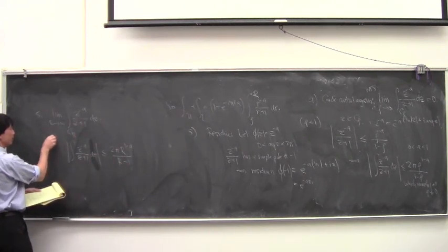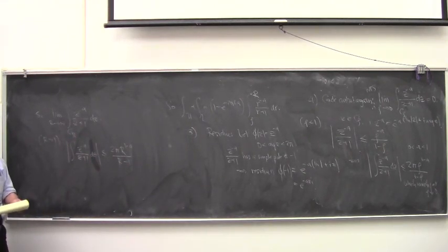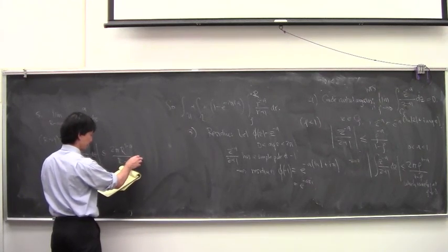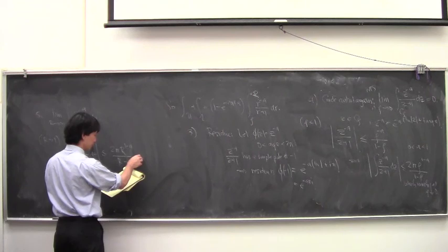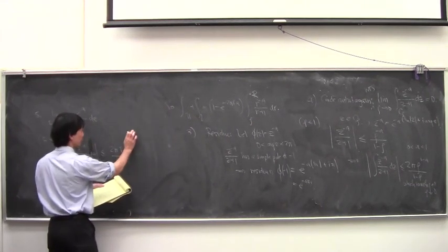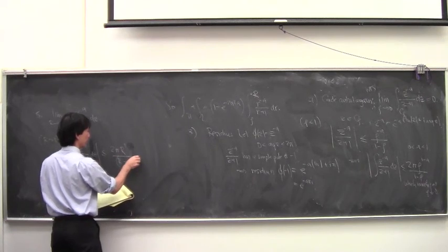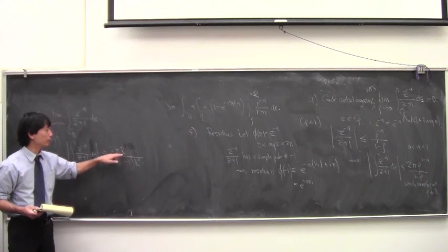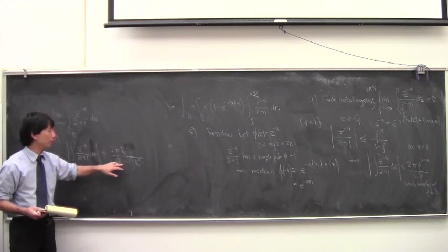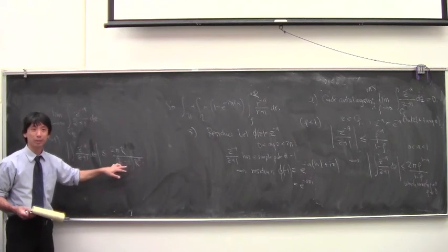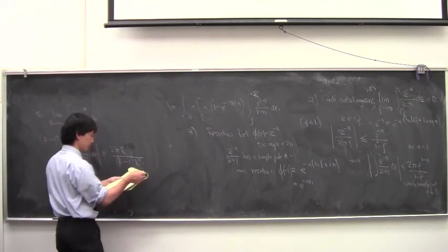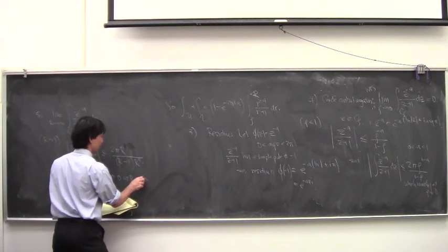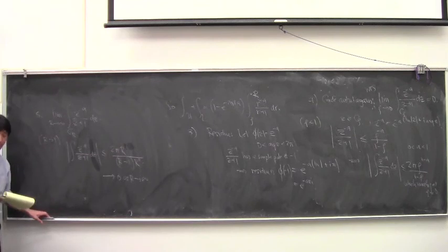R is bigger than 1 now. So let me move the r to the a to the bottom. You've got 2 pi r on the top, so r to the 1 on the top, and you've got r to the 1 plus a on the bottom. And so this goes to 0 as r goes to infinity.